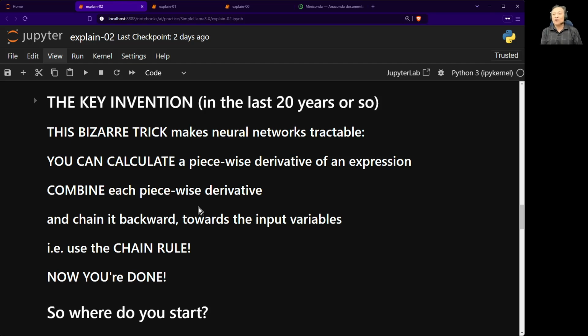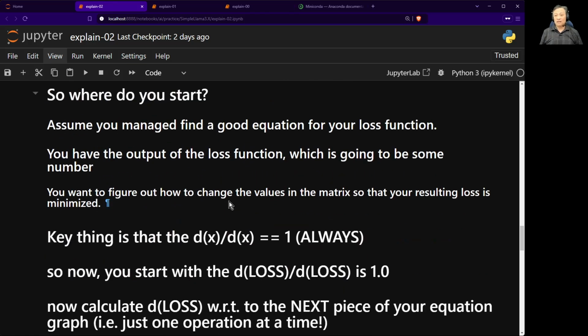You can calculate the gradient, in other words, piecewise. And using the chain rule, you chain it backward towards the input variables, and you're done. And that's literally the invention.